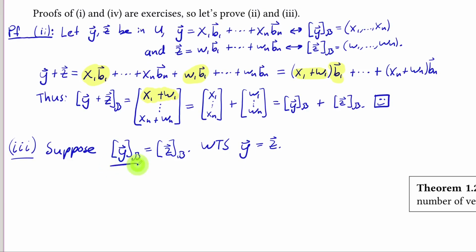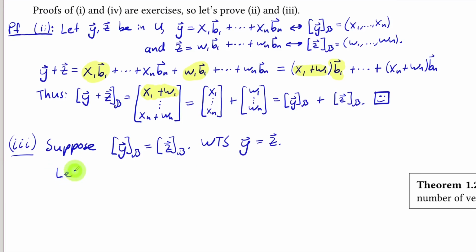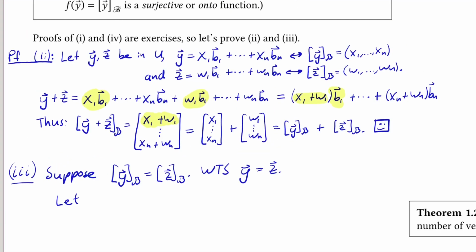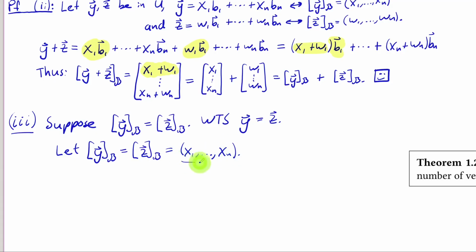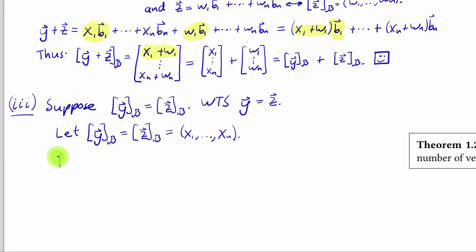So whatever these coordinates are, let's give a name for them. Let's denote the coordinates of y and z relative to this basis as x1 through xn. And I can use the same variables x for both of these because they're equal, right? It's the same thing.